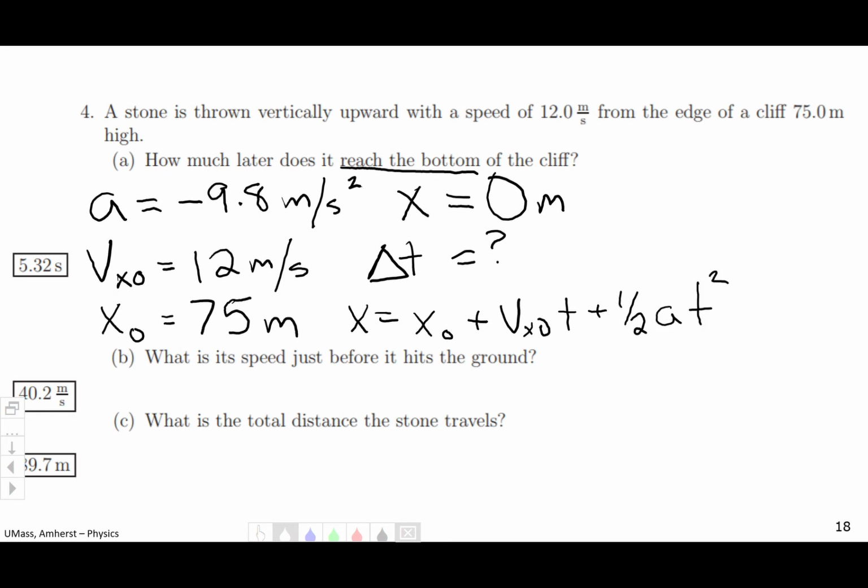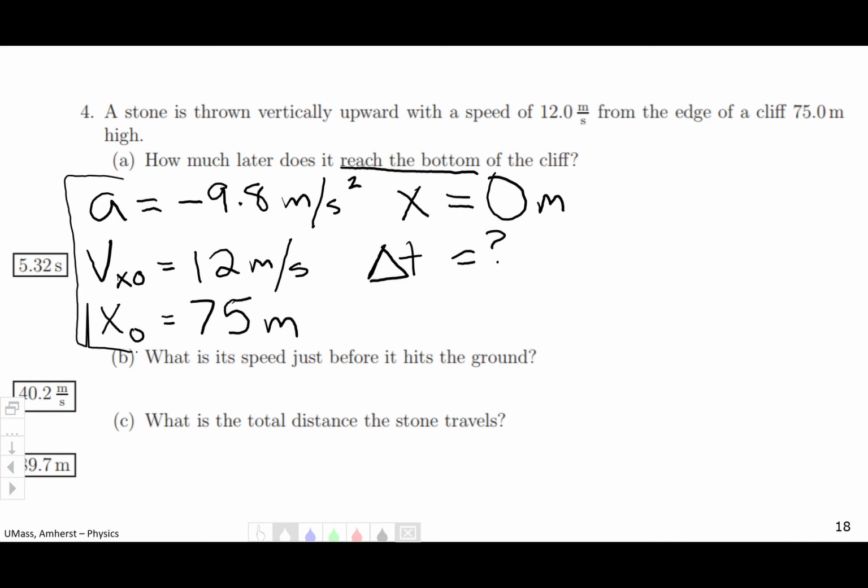I'm just kidding. We can't use that because that gives us two variables. Although we could use the quadratic equation, but who wants to do that? What are we going to do?